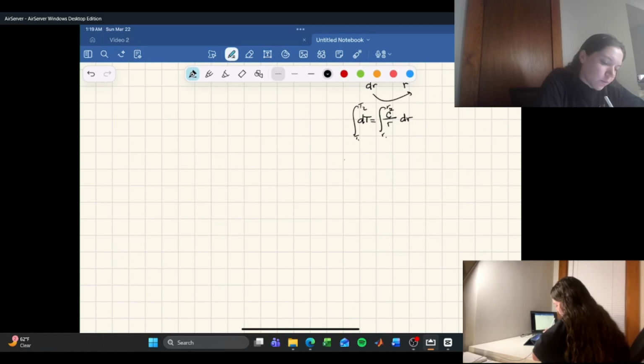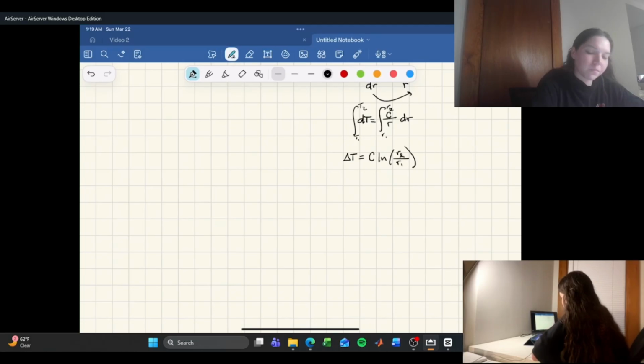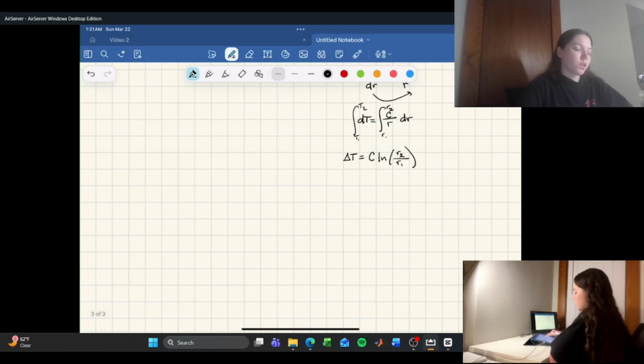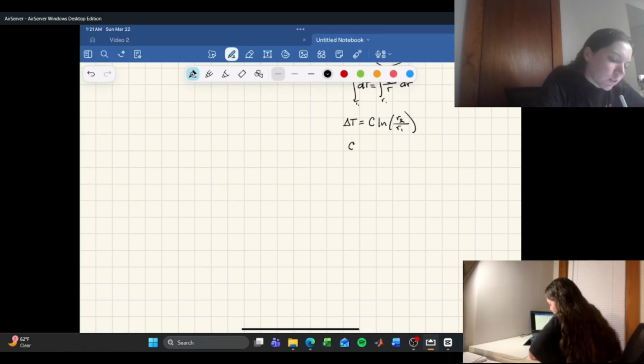So this is going to give us that the change in temperature is equal to the constant times the natural log of R2 over R1. And then to solve for C, we can say that C is equal to the change in temperature over the natural log of R1 over R2.